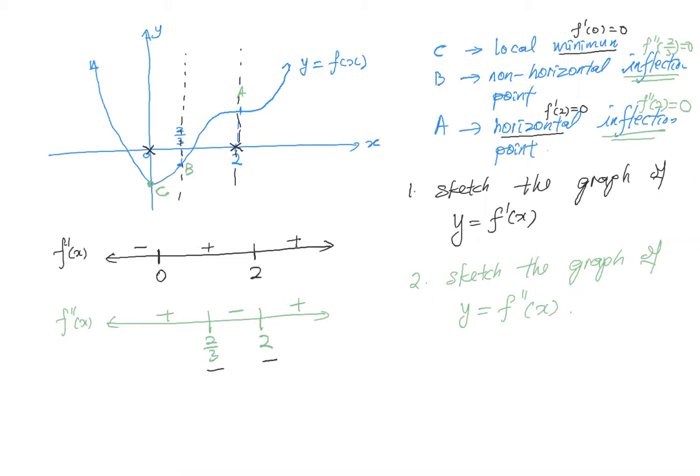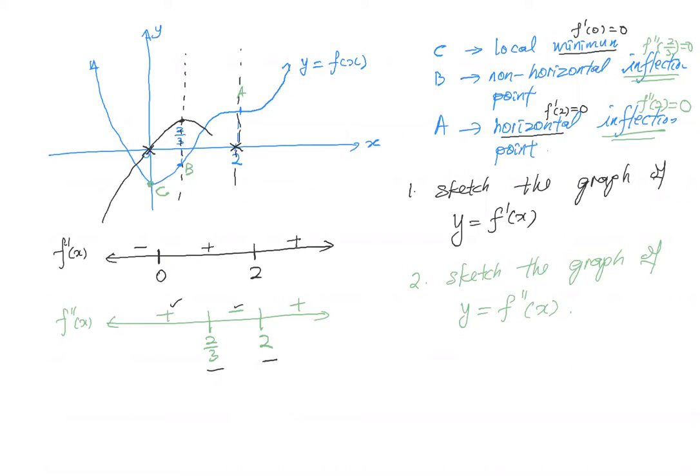So it goes up because here is positive, until here it turns. Then after 2/3 it goes down until it reaches here.